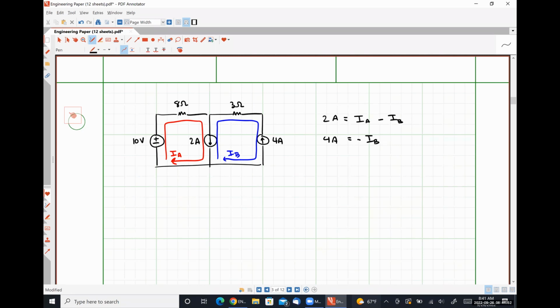We have an interior current source, so our gut reaction would be to create a super mesh that encloses that interior current source. But if that super mesh contains a perimeter current source as well, you're only going to have current relationship equations to deal with, because there is literally not a KVL equation that you could write that would avoid taking the voltage drop over one of those current sources, okay?